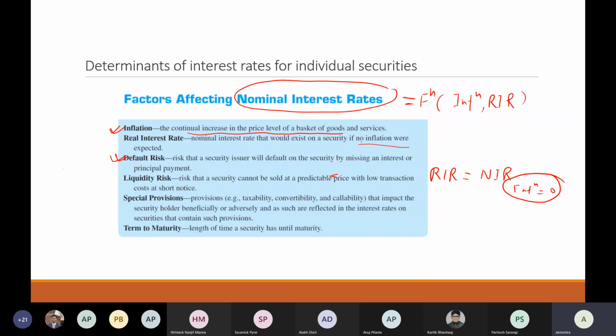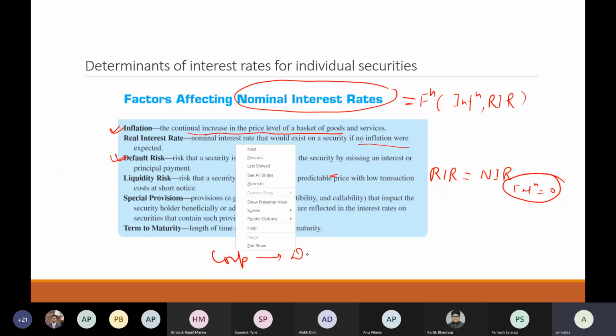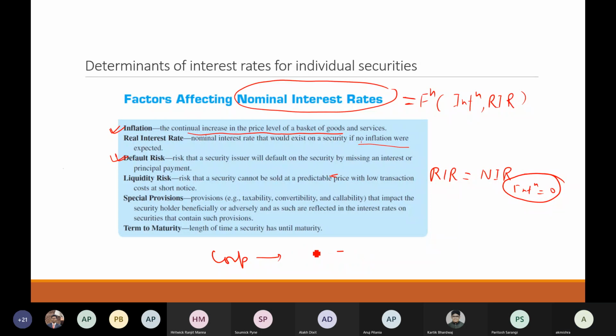So what we are referring to, let's say there is a corporation, and the corporation has issued, let's say, a debenture or debt instrument, and as per the debenture the company was liable to pay certain interest plus principal amount.